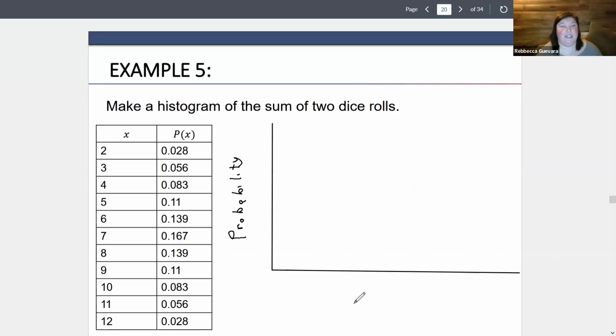Then down here is the sum of 2 dice. We can get 2, 3, 4, 5, 6, 7, 8, 9, 10, 11, 12.